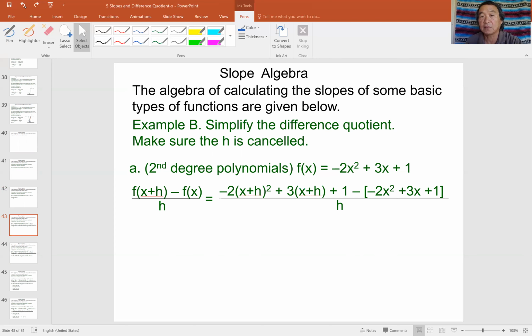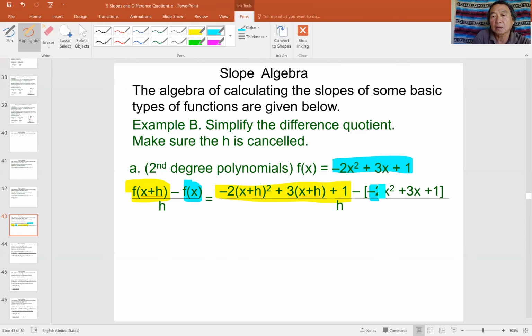So this is what f of x plus h is, all that. And f of x, of course, is just the formula itself, all that. And notice I subtract, so I put a bracket. Make sure I protect the subtraction, make that subtraction correct, without possible missteps.